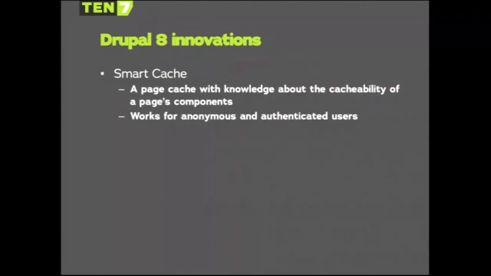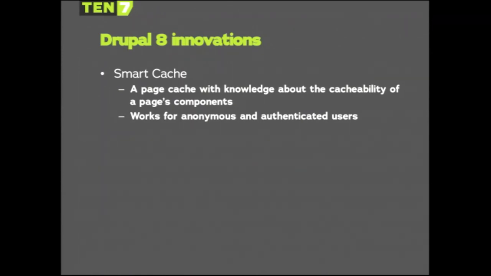Another really cool thing that I've only just started to look into a little bit is something called Smart Cache. Wim Leers has been flogging himself trying to get this into core. It's a replacement for the page cache that knows about components that are used to create the page and can individually store metadata about the cacheability of those components.